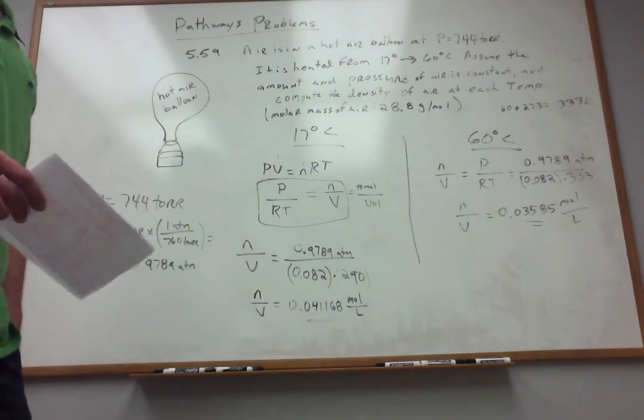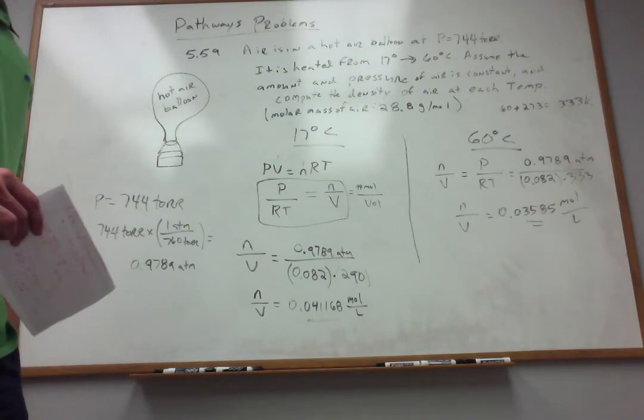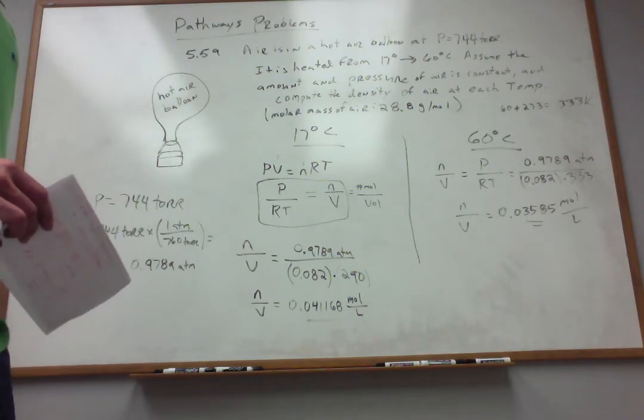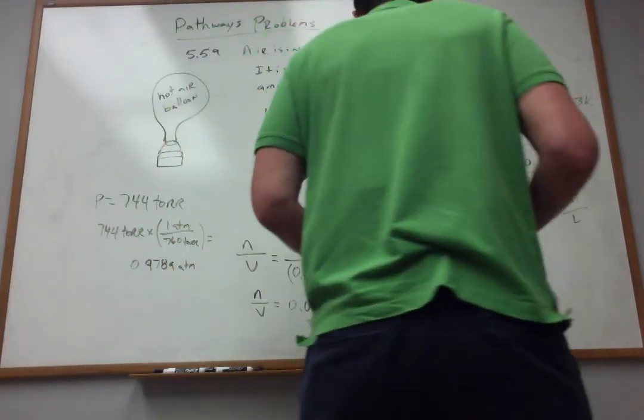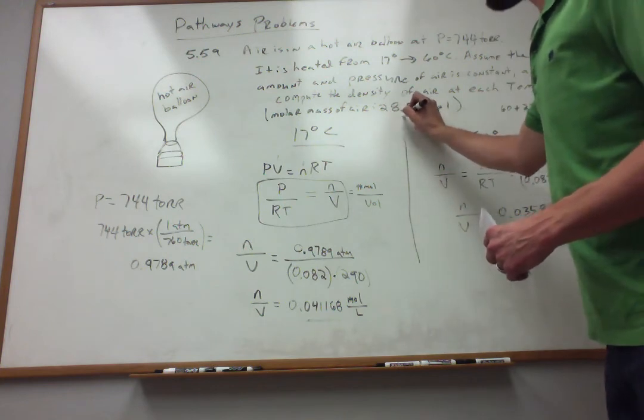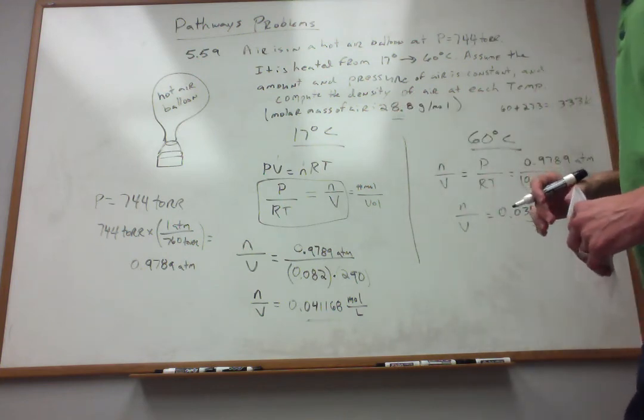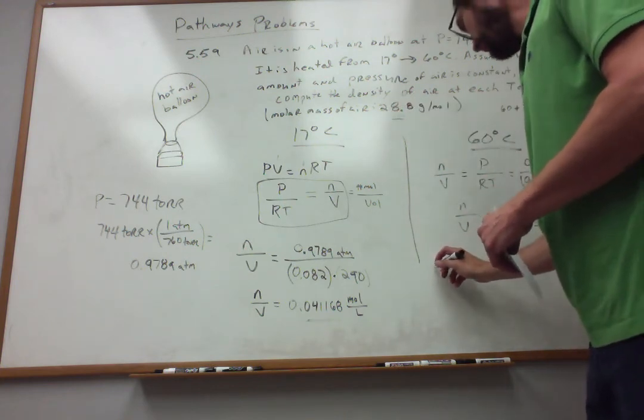Like how many grams per liter do we have? And we can do this pretty straightforwardly, okay? The reason why is because we were told here in the problem what the molar mass of air is, okay? So think about this for a second.